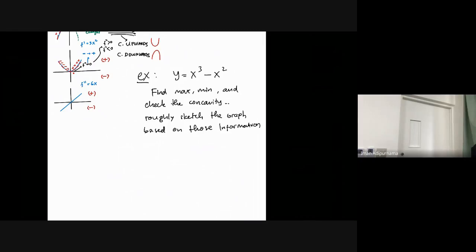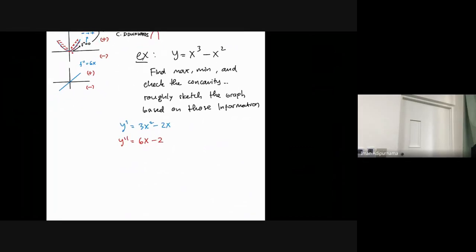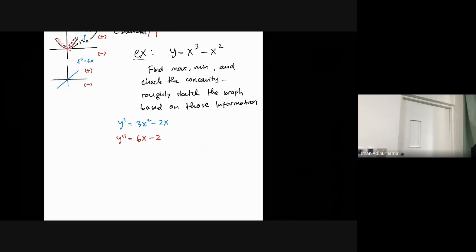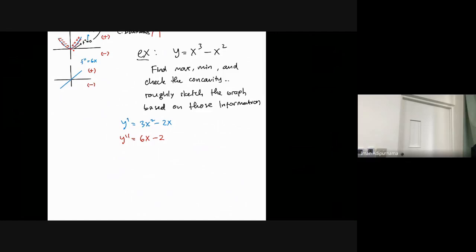So let's start. Differentiate the function first. Differentiate it once, and we will have this, and differentiate twice, and we will have this function. Because it's just a simple function, we don't really care about any domain or asymptote because there's none. We can just focus on the first derivative and second derivative.